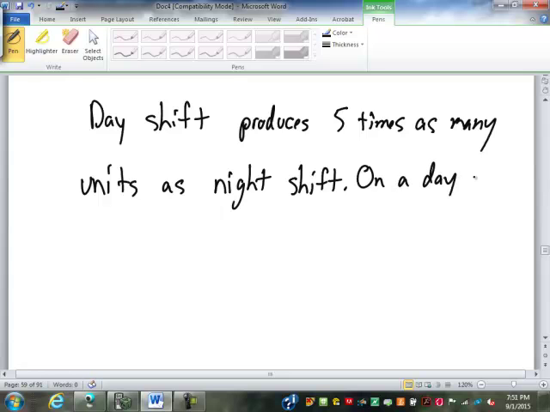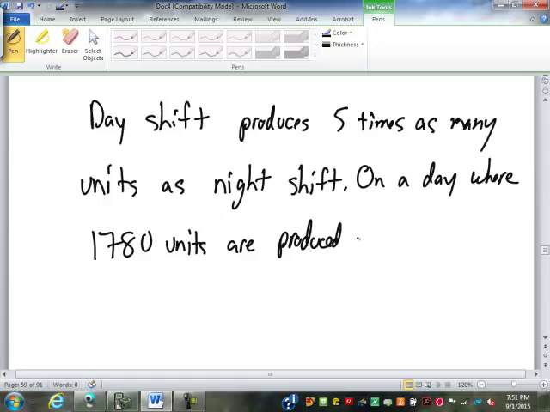On a day where 1,780 units are produced, how many are produced by each shift?